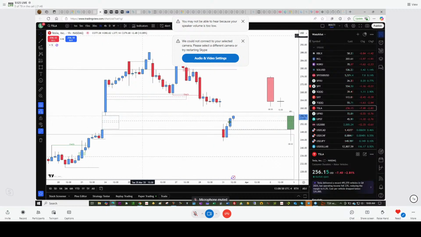Okay, so looking at Tesla. Tesla on the hourly has had a very strong move. So quite the opening here from last Friday. Big gap down to these lows here.